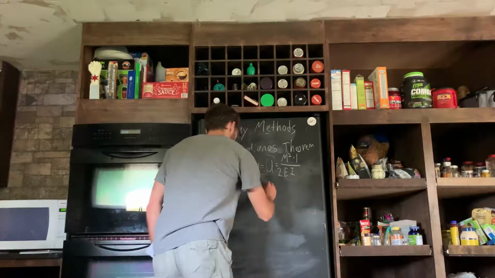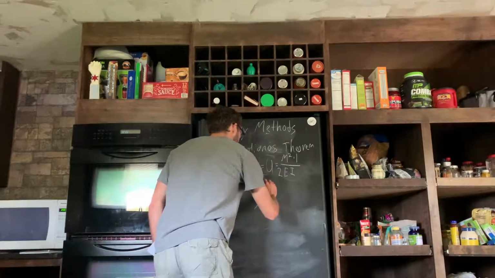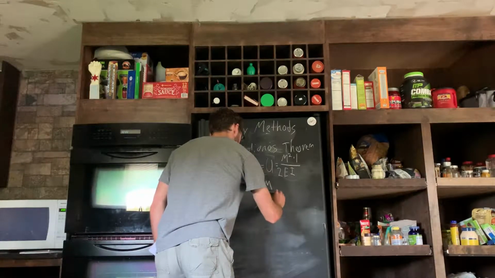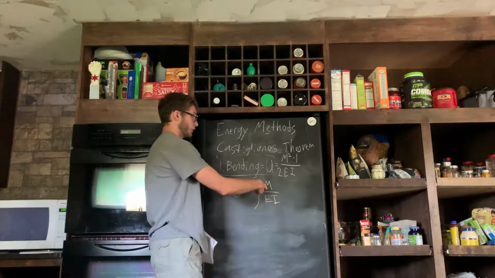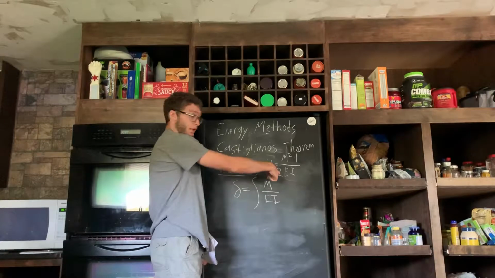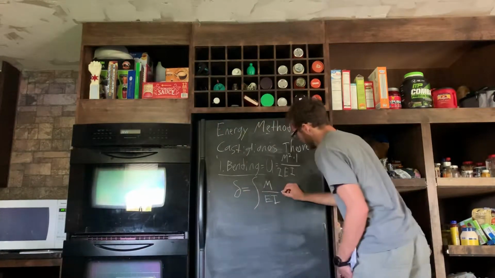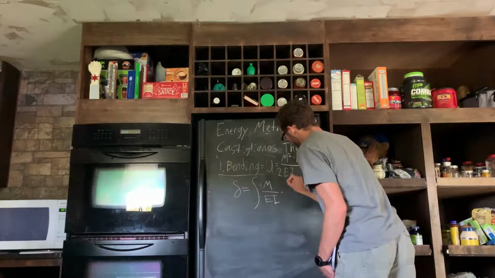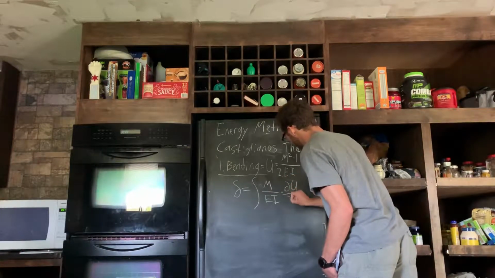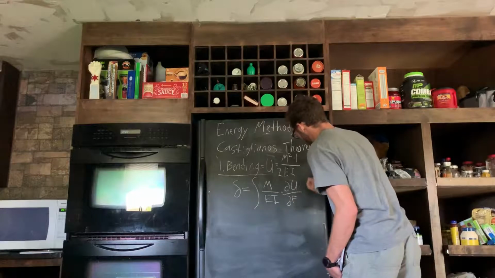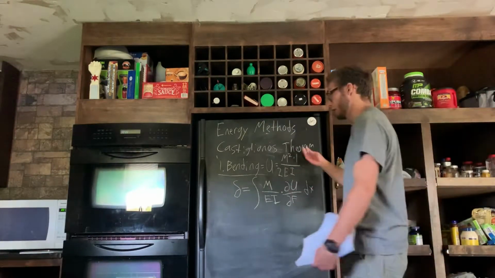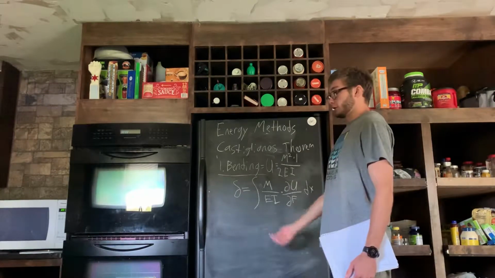So then we get M over EI, since this would have become 2M when we took the partial derivative of the M, and it would cancel out this 2 there, times the partial of M over the partial of force, dx, where x is the length of the straight part of the beam.